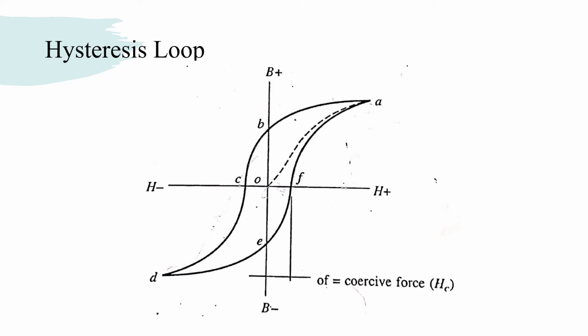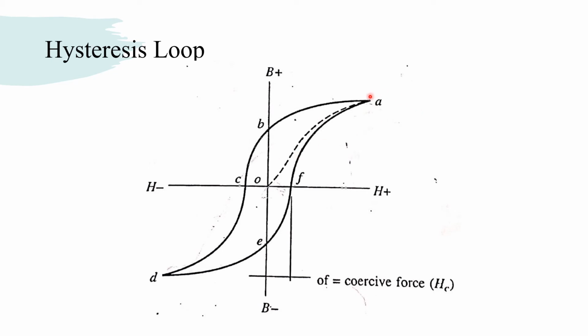Here B plus is the flux density, B minus is the flux density in the opposite direction. H plus is the magnetizing force and H minus is the magnetizing force in the opposite direction.